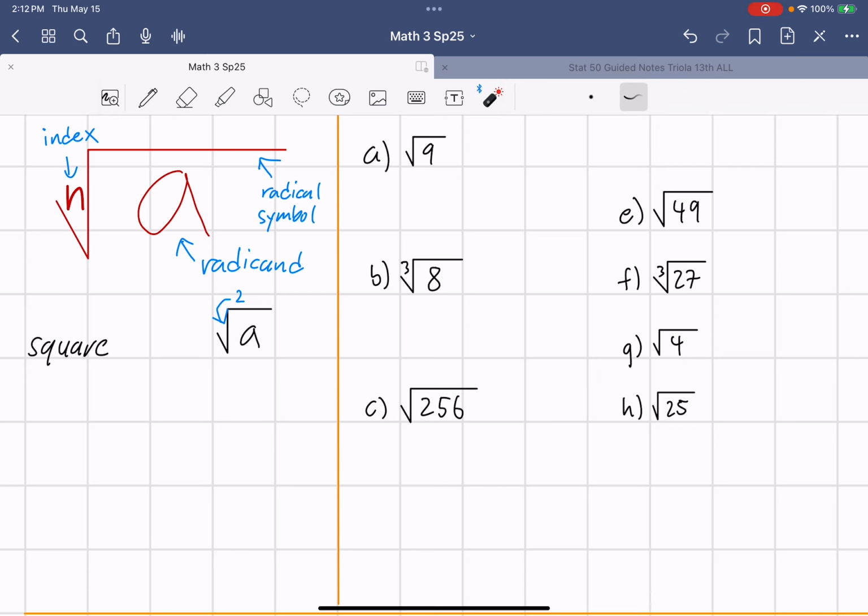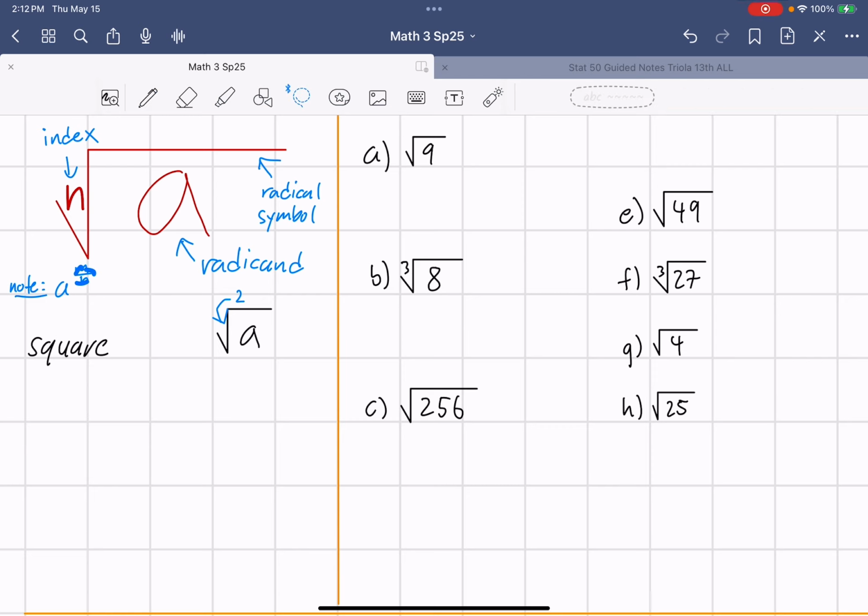Usually a square is like an exponent, and that's because radicals are actually exponents that can be rewritten in this radical form. For example, if I make a quick note, you can write a radical as a fractional exponent or rational exponent.